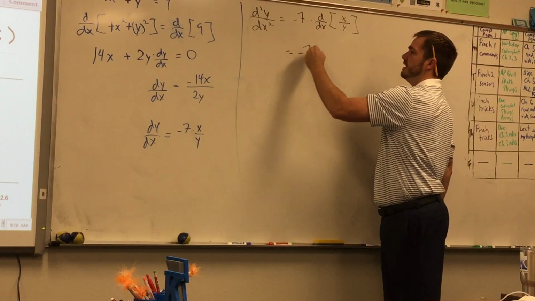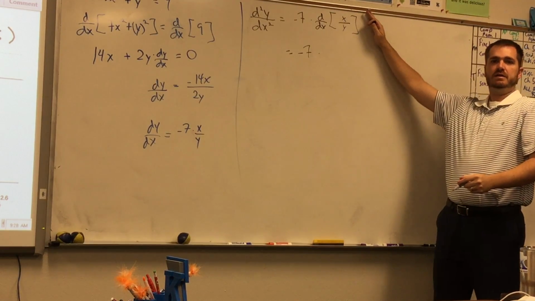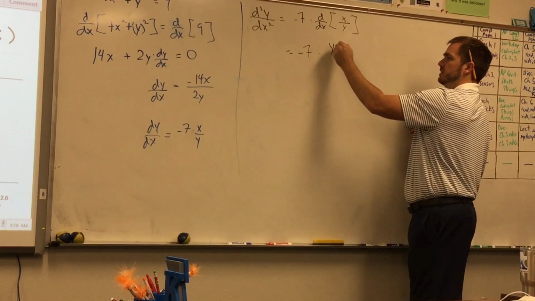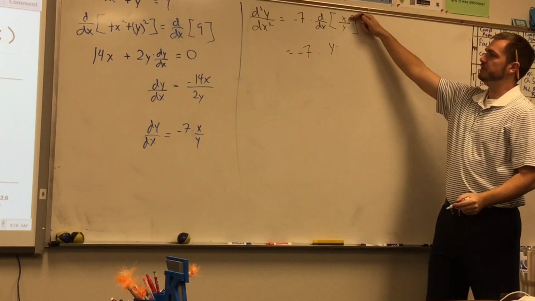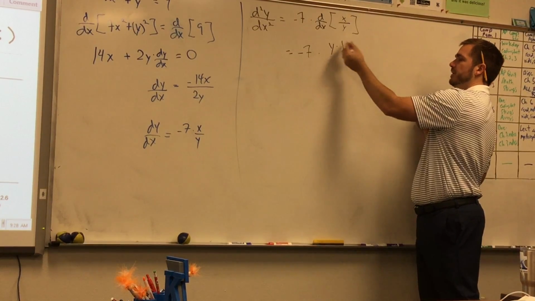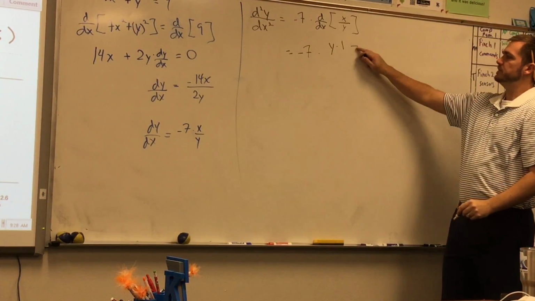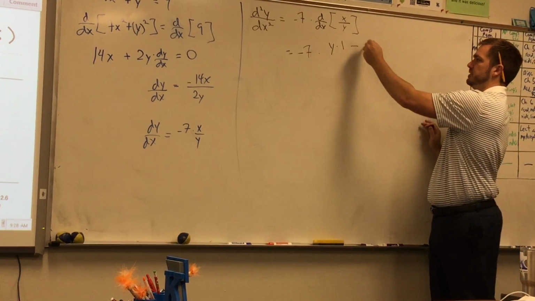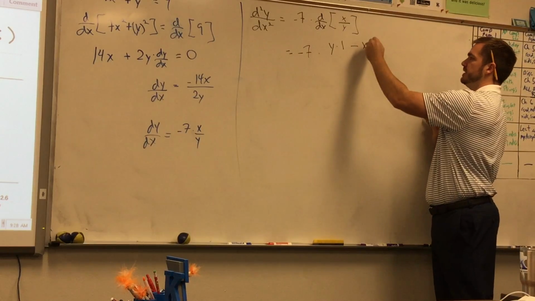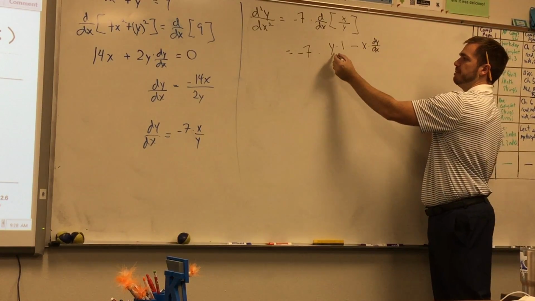So here we go. -7 times, everyone say low D high? Low D high. Low is y. What's the derivative of the numerator? 1. Repeat after me, minus high D low. So minus high, that's x, times dy over dx, because the derivative of y is dy over dx.